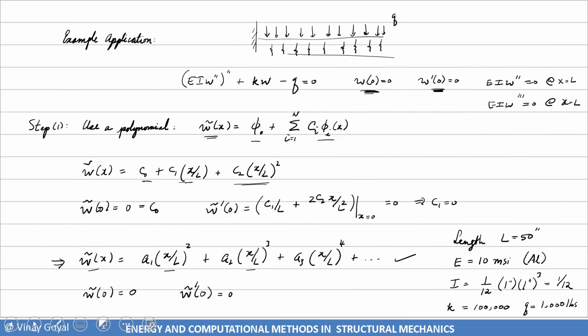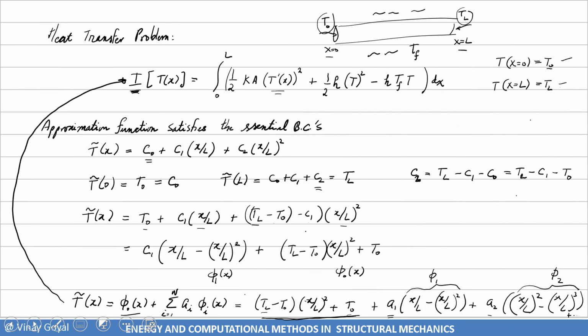And so, just before we finish this lecture, let me summarize what we've done. We have a functional I. If I render I stationary, I get governing equations for this problem.